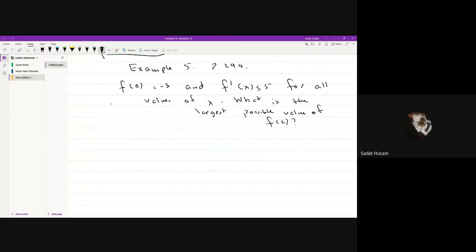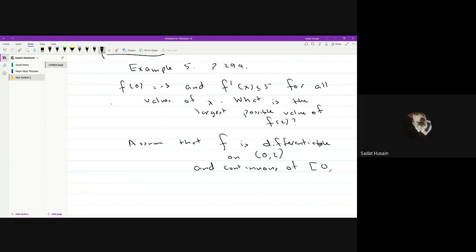So we assume that f is differentiable on (0, 2) and continuous on the closed interval [0, 2] and differentiable on the open interval (0, 2).